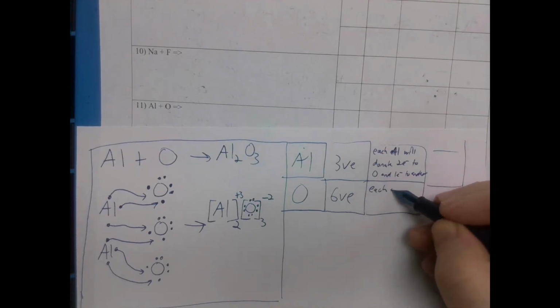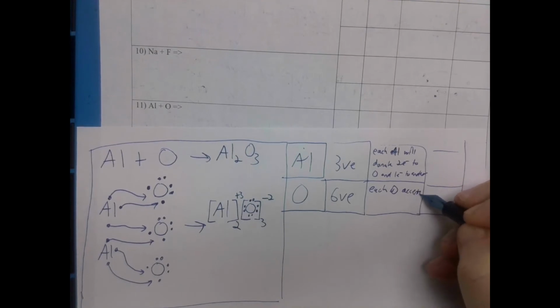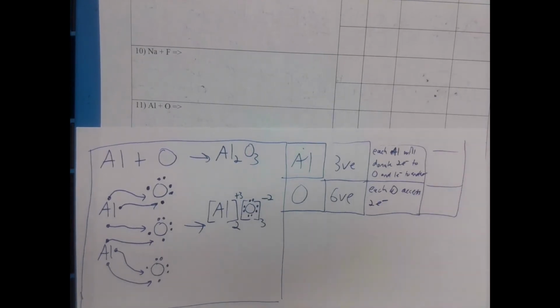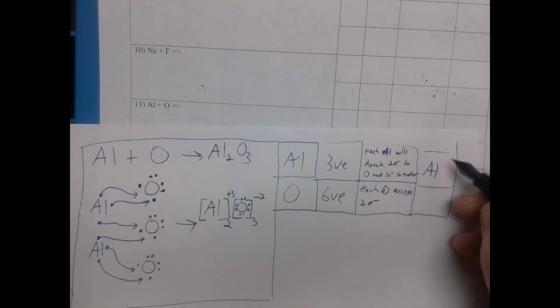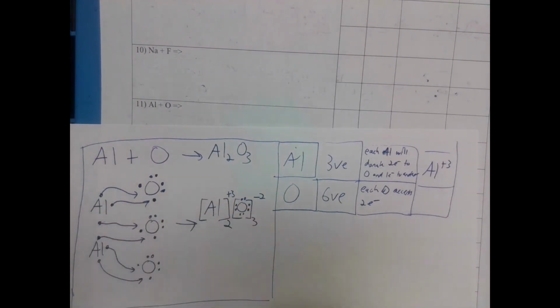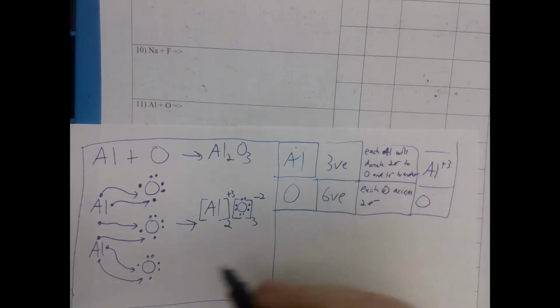Each oxygen accepts 2 electrons. So the charge of aluminum is going to be plus 3 because each of them is losing 3 electrons. And each oxygen is gaining 2 electrons. The electrons are negative, so it becomes negative 2.